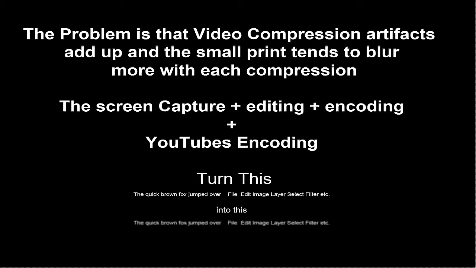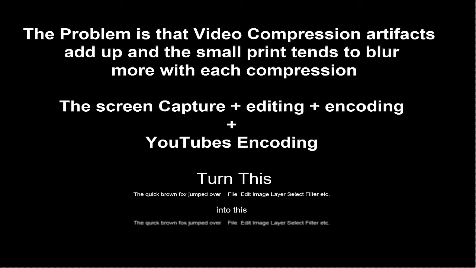The problem is that video compression artifacts add up, and small print tends to blur more with each compression. There's the screen capture, its compression to whatever video format, the editing that you may do, its compression, and the encoding into the format that you're going to upload to YouTube.